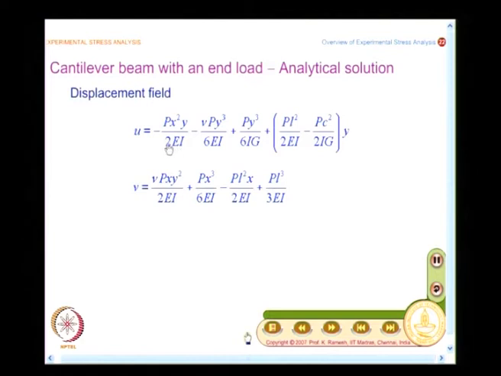If you look at it, it is minus P x squared y divided by 2EI minus nu P y cubed divided by 6EI plus P y cubed divided by 6IG plus, within brackets, P l squared by 2EI minus P c squared by 2IG, multiplied by y.